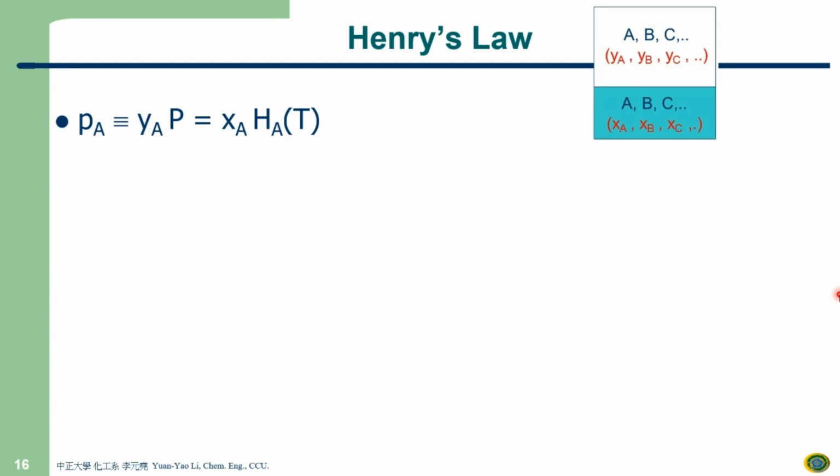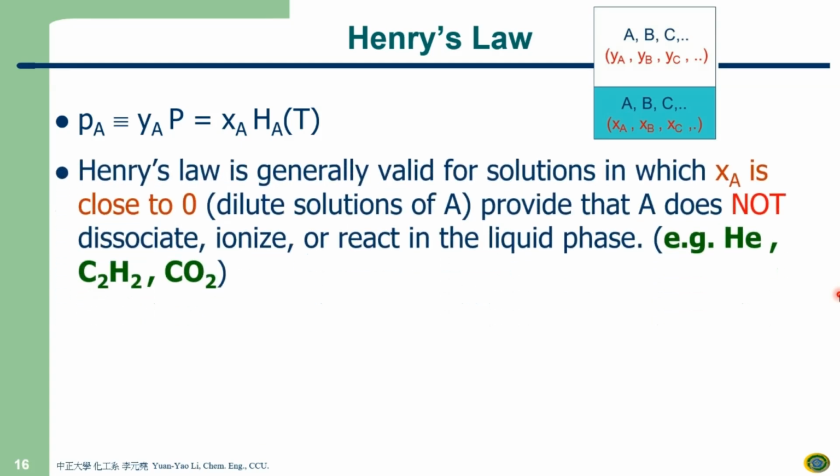Henry's law is generally valid for solutions in which Xa is close to 0. Just now we talked about Raoult's law being for Xi close to 1, right? And now Henry's law is for Xi close to 0.